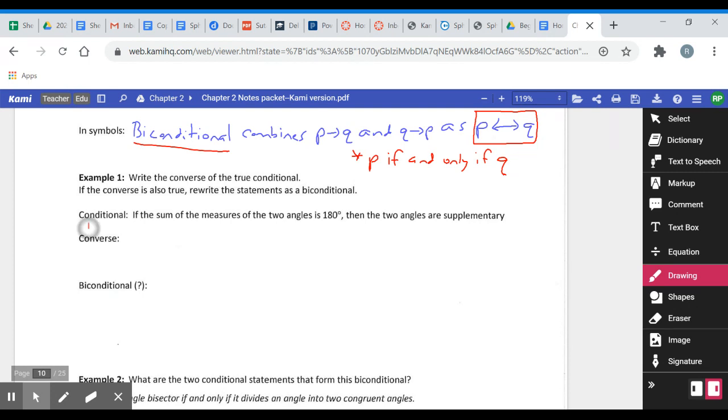I know this conditional is if P, then Q. So then I know that the converse of that needs to be if Q, then P. And I want to fix this Q because it doesn't look very good. There we go, that's better. Okay, so if I go ahead and write the converse, then I can say that if two angles are supplementary, I'm going to abbreviate angles.